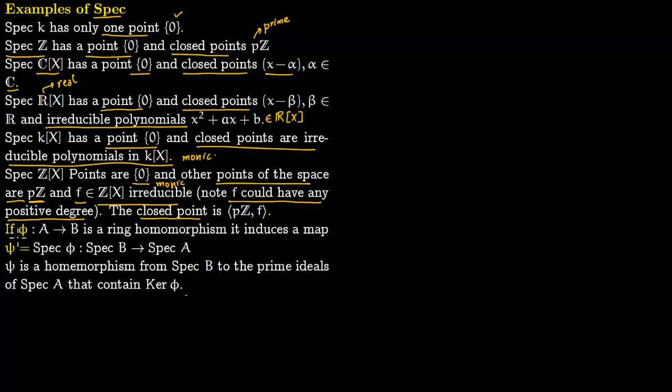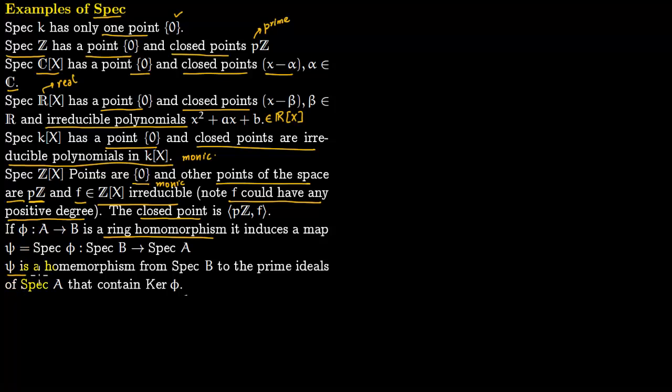Now we come to a very important fact. Say we are given a ring homomorphism phi from A to B. This will induce a map Spec of phi from Spec B to Spec A. So this is a contravariant map. We will write Spec of phi as just psi.